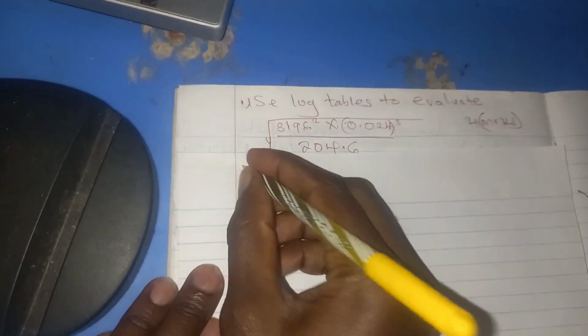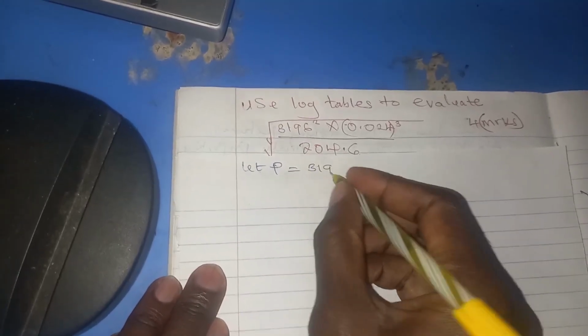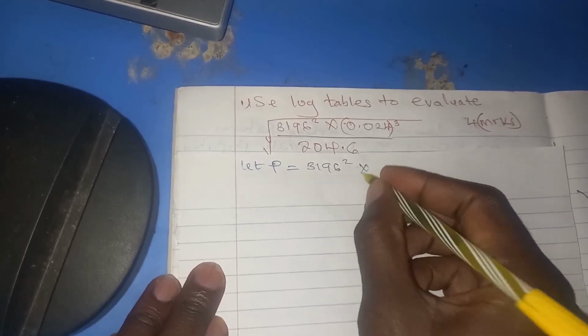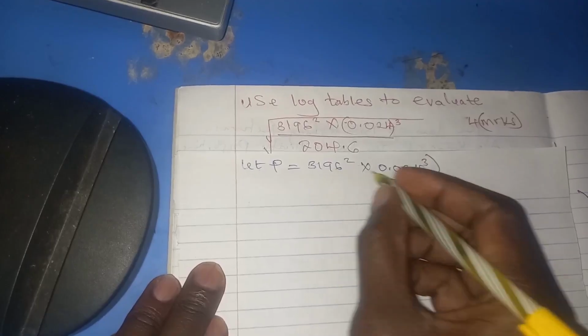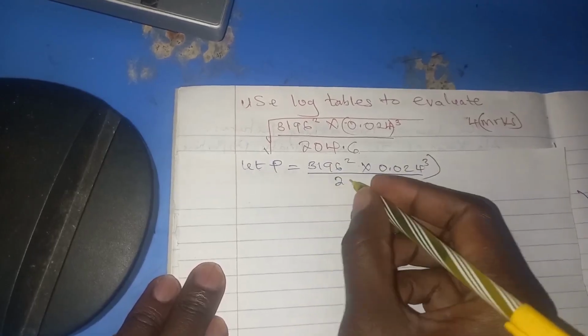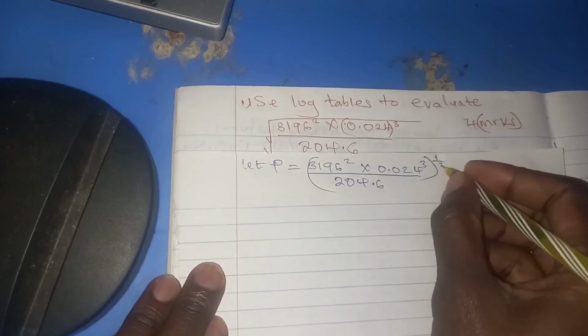We are going to say, let P be equal to 3196 squared times 0.024 cubed divided by 204.6, and you raise it by half.